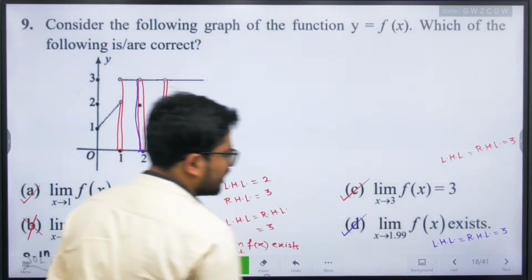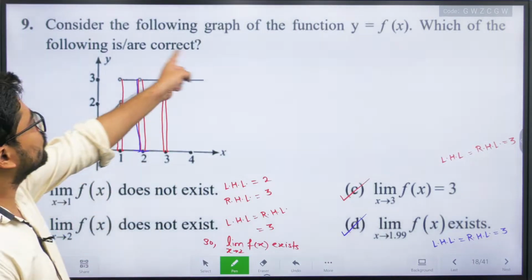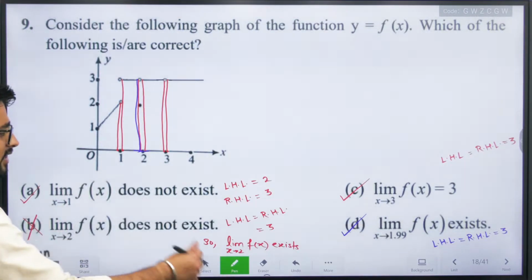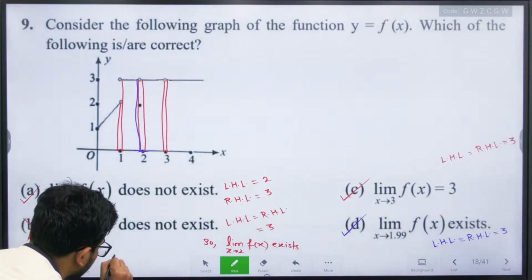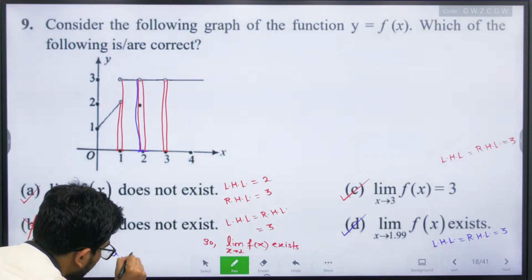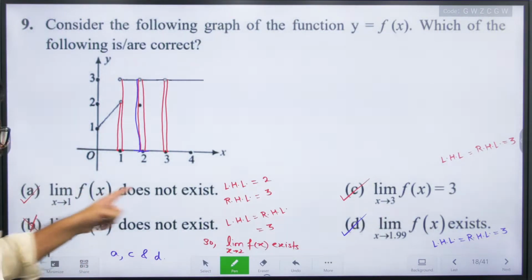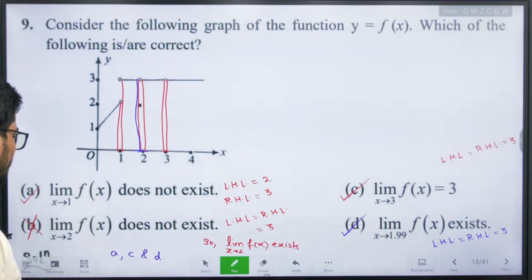So this is also correct. So you have to choose the correct options: A, C and D. This is your final answer.